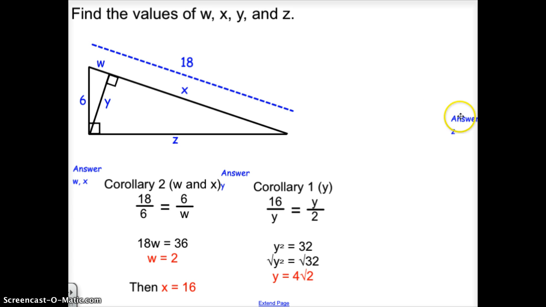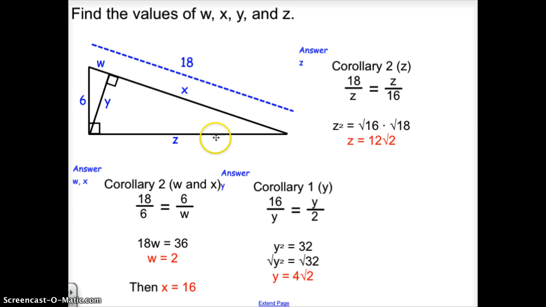And finally, Z. Z uses corollary 2, using the proportionality that 18 is the hypotenuse of the large triangle and Z is the hypotenuse of the medium triangle. Z is also the medium length side of the large triangle, and 16 is the medium length side, which is X, of the medium triangle.